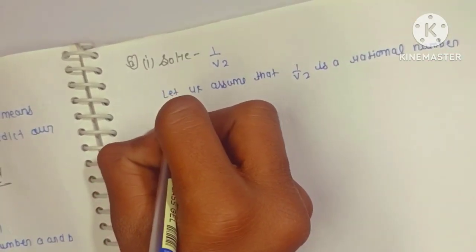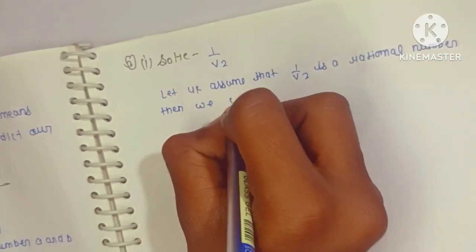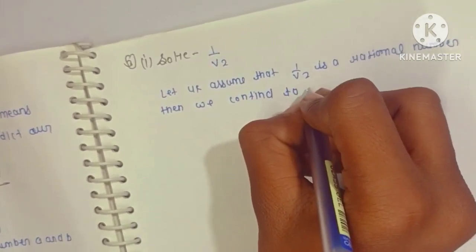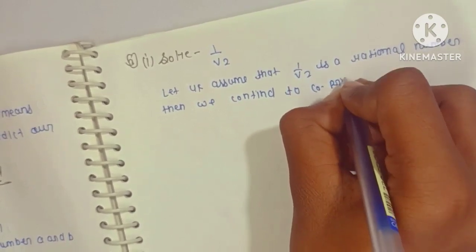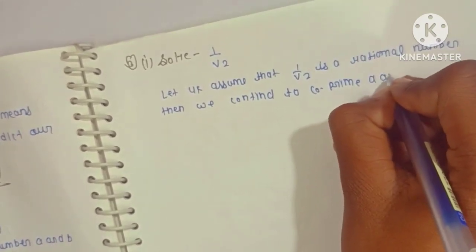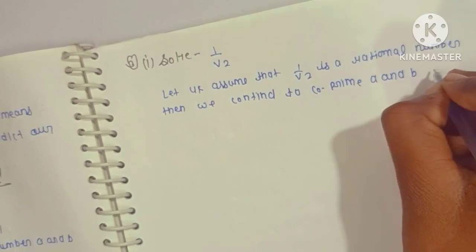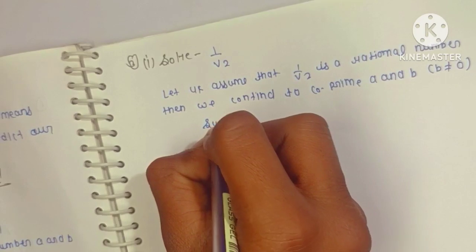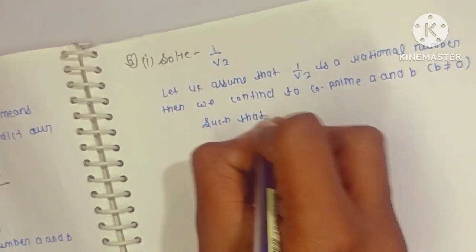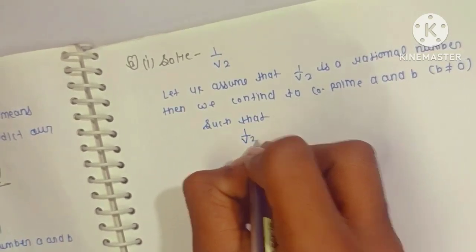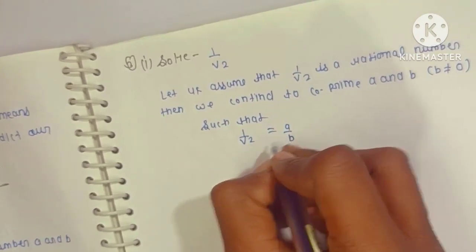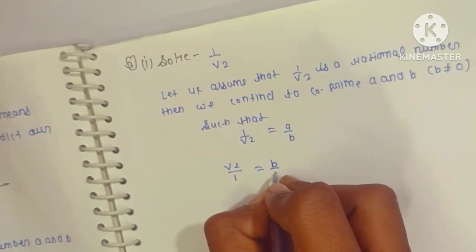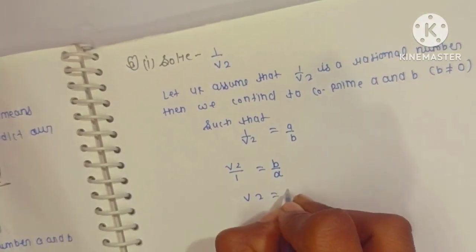Then we can find co-prime a and b, b not equal to 0, such that 1 upon root 2 is equal to a upon b. Root 2 upon 1 is equal to b upon a. Root 2 is equal to b upon a.